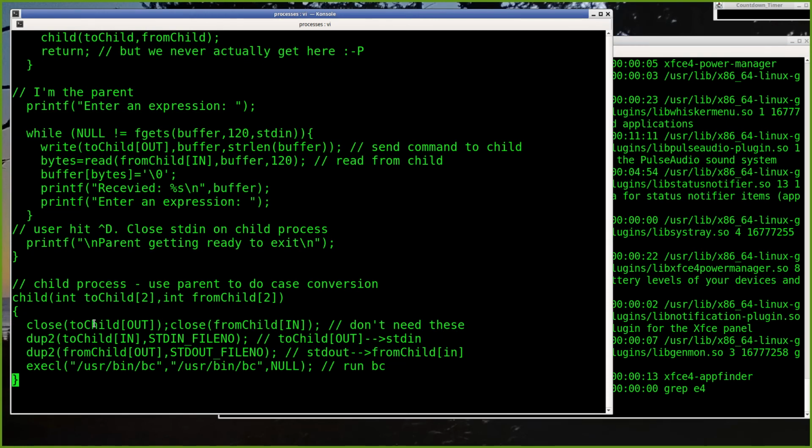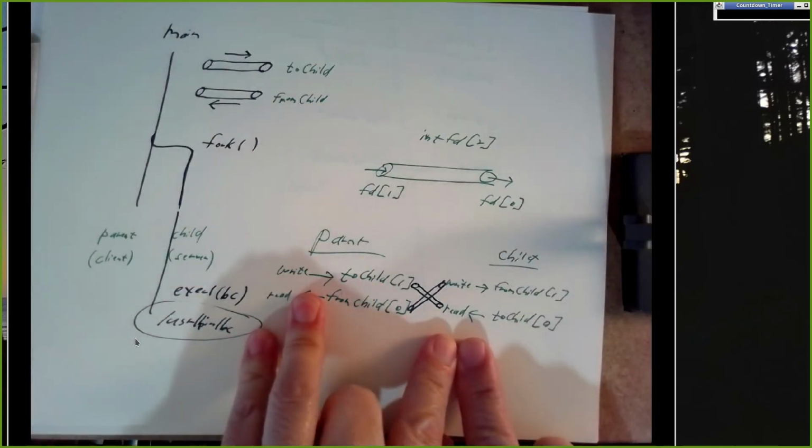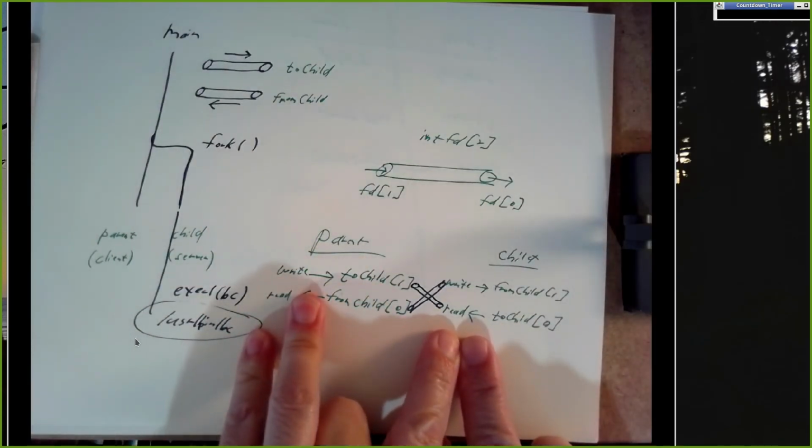So I close the unused ends of the pipe that I don't need, and then I make a pair of calls to dup2. So to child bracket in is this end of the pipe. It's the thing that the child is going to read from.